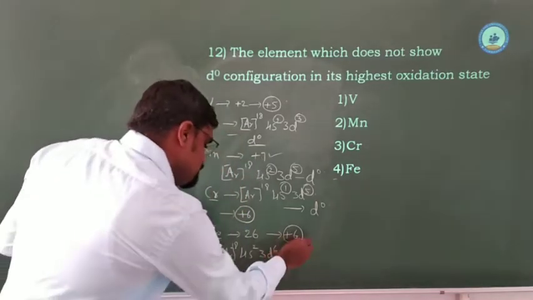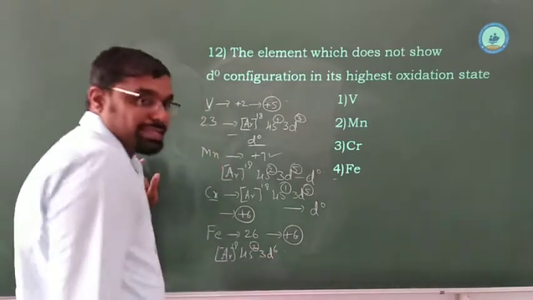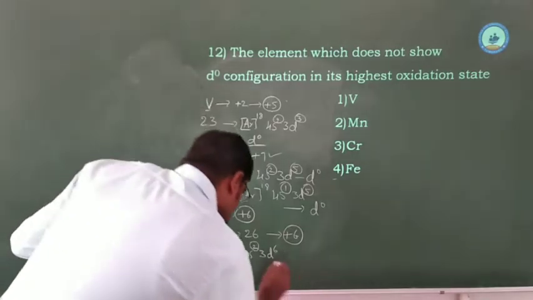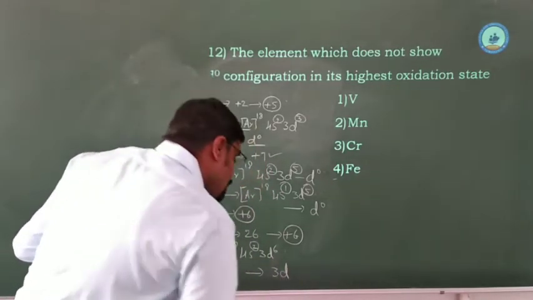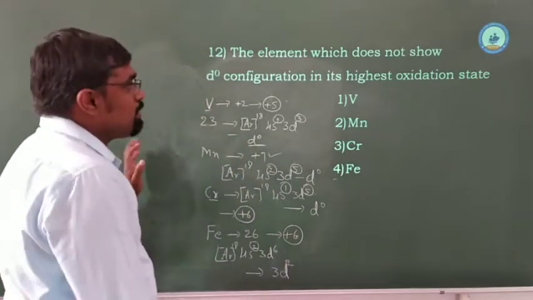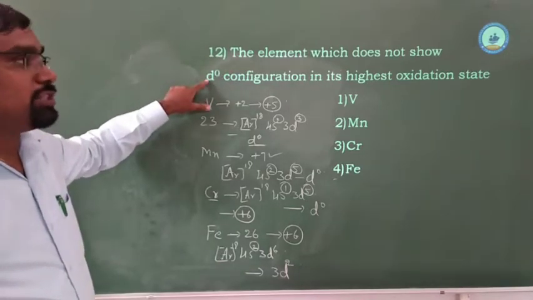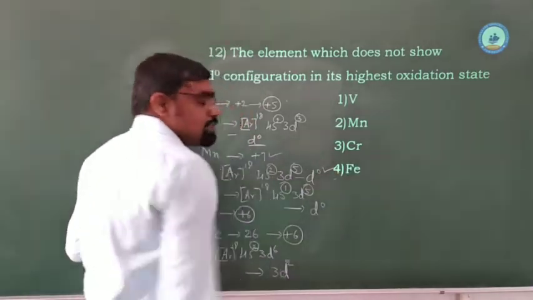For +6 oxidation state, first you remove the electrons from the s orbital and another 4 from the d orbital. So the remaining electrons in the d orbitals are 2. So the element which does not show d0 configuration in its highest oxidation state is iron. Okay, this is correct.